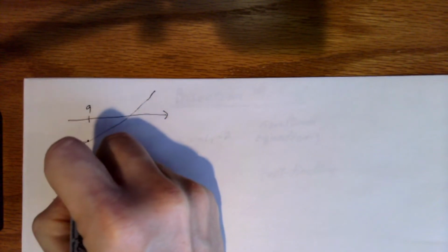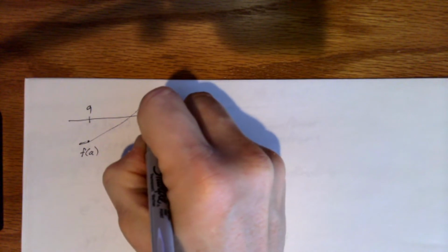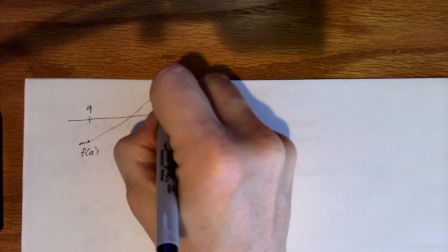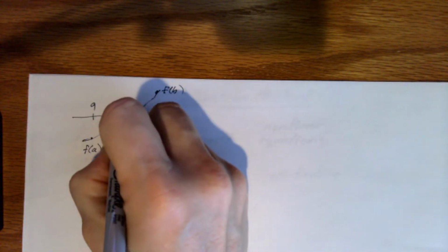Here we have a, and this point right here would be f of a, and then we have b, and this point is f of b. This would be r, which would be the actual root. What we can do is find the midpoint of this, and we'll say it's approximately here.